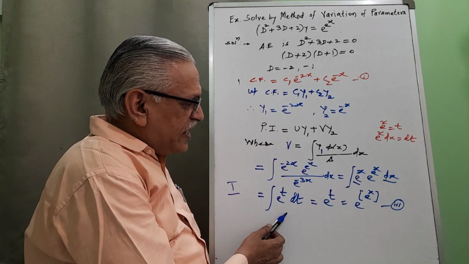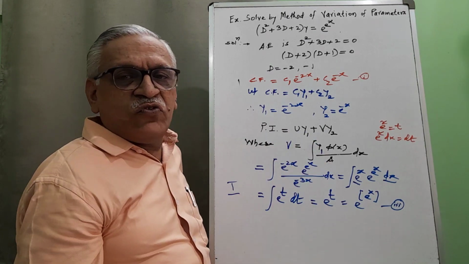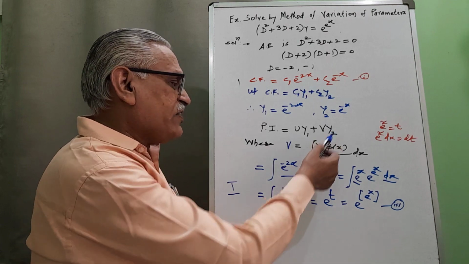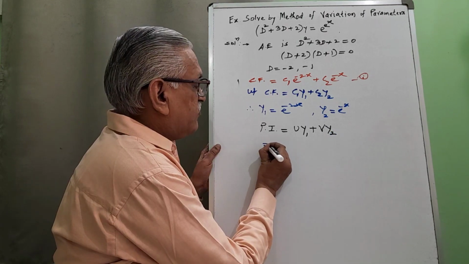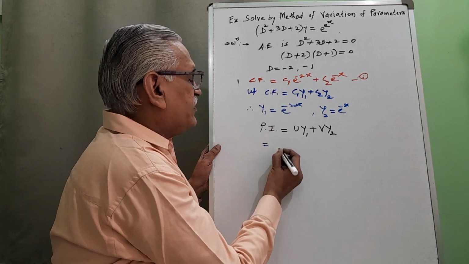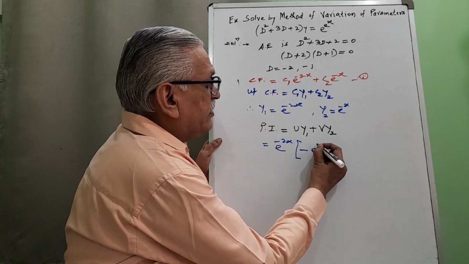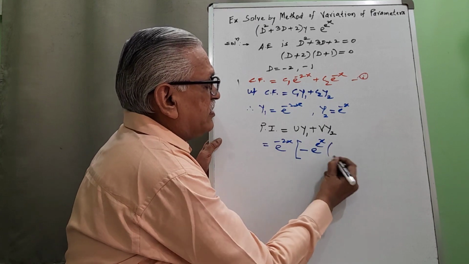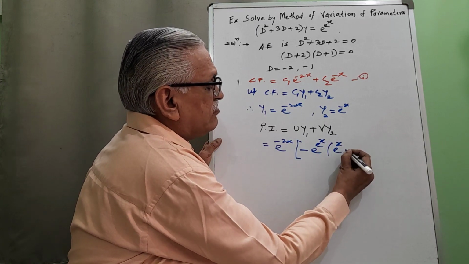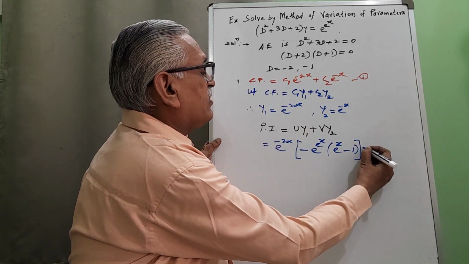Then substituting those two values in this equation of pi, the value of u, y1, v and y2, we get pi is equal to the value of u into y1. The value of y1 is e raised to minus 2x multiplied by minus e raised to x minus 1, and plus v into y2.